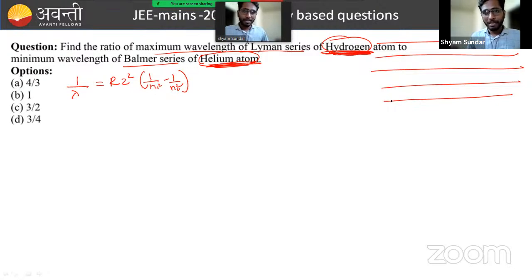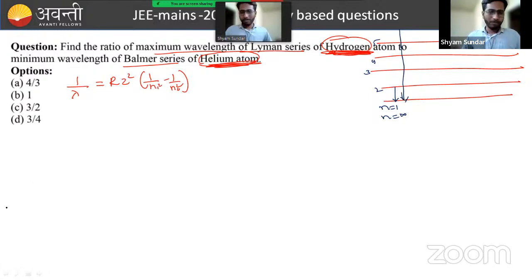Lyman series will be when an electron jumps from a higher state to the ground state. The ground state value for Lyman series is 1, and the higher state can be equal to infinity also. The electron may jump from energy level 2 to 1, or from 3, 4, 5, or from infinity to 1.